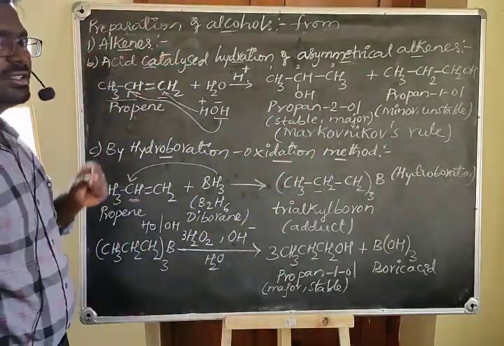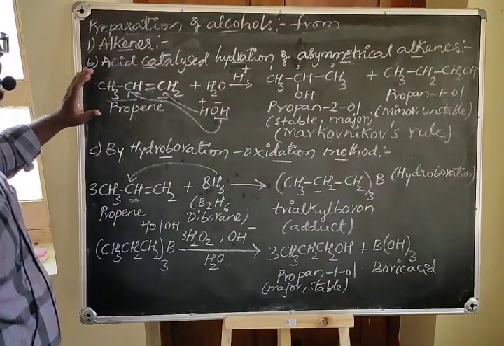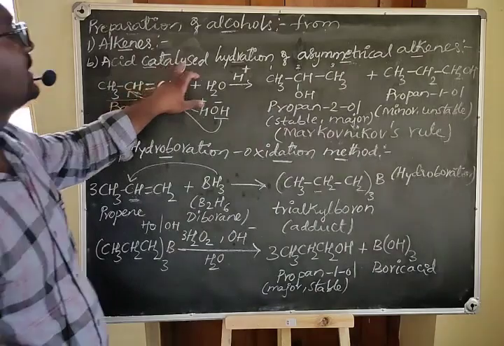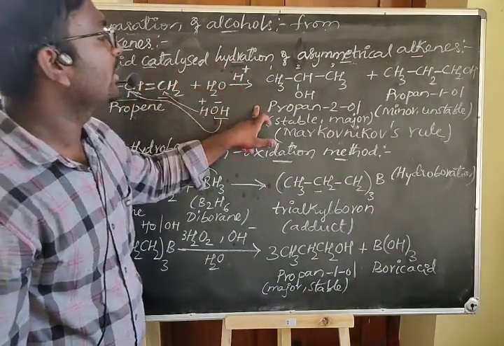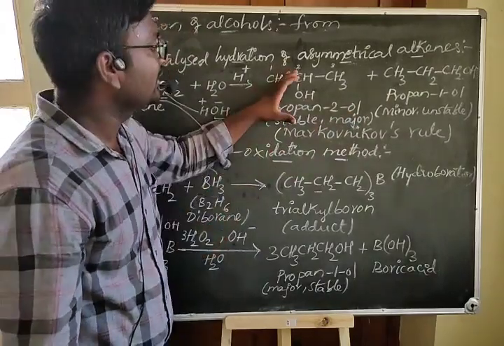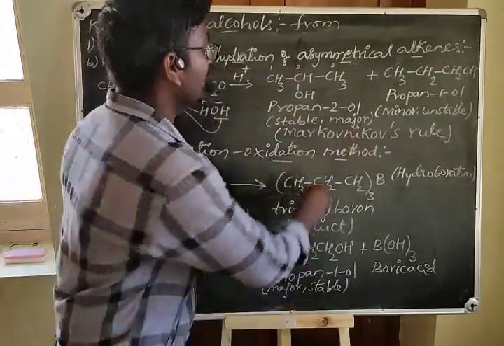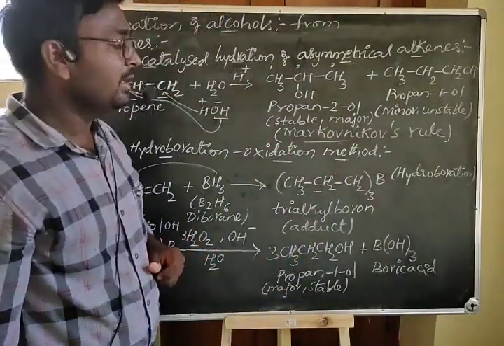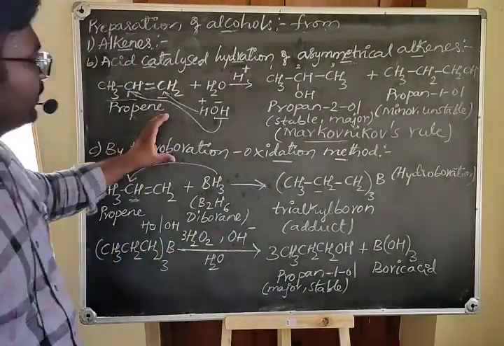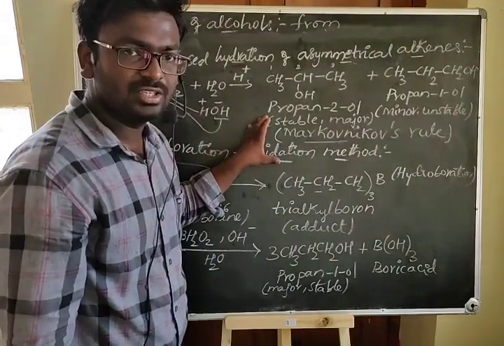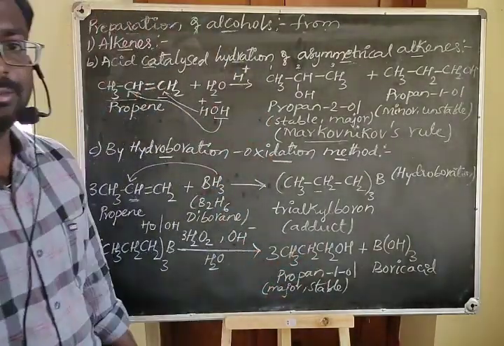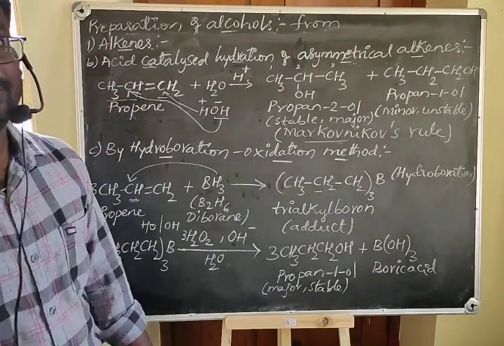Here there is a major difference. When you take propene and subject it to acid catalyzed hydration, propan-2-ol is the stable and major product, in accordance with Markovnikov's rule. When the same molecule is subjected to hydroboration and oxidation, you will get propan-1-ol as the major and stable product.